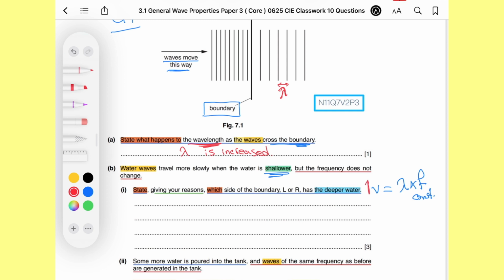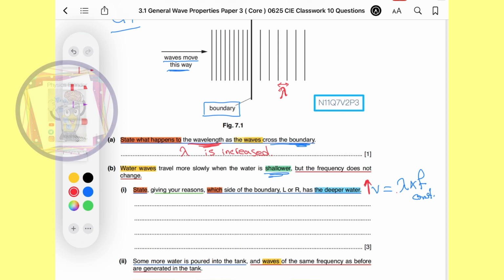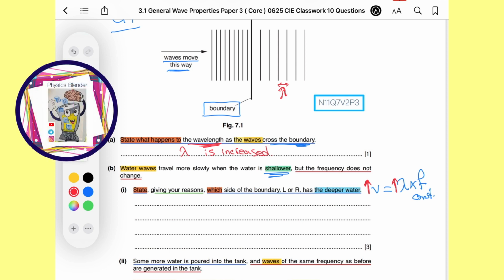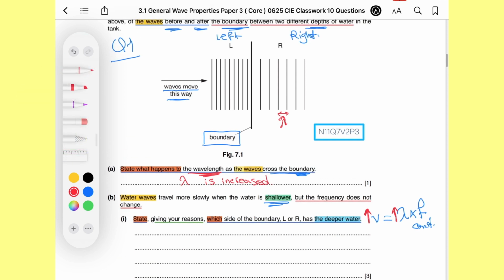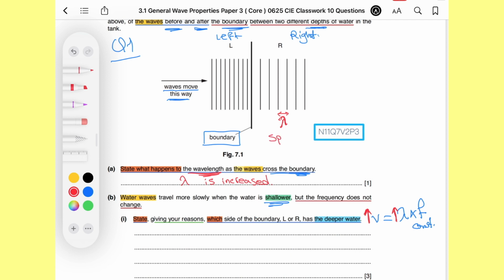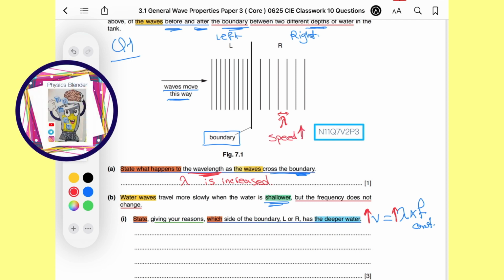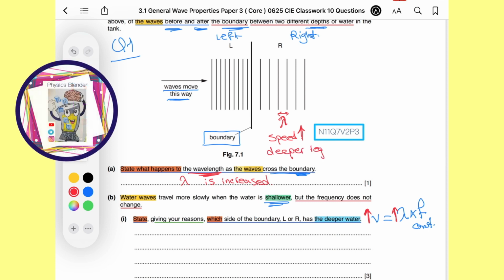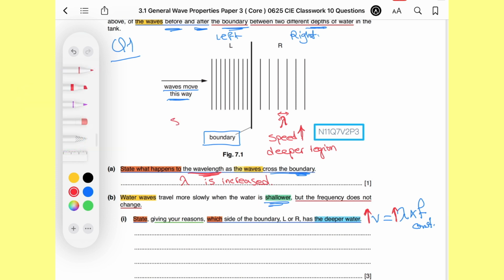So if the speed of waves is faster, the wavelength will be longer. So according to part A, the wavelength at the right side is greater than the left side, so here speed increases, which means deeper region. Okay, and this one will be shallow region.